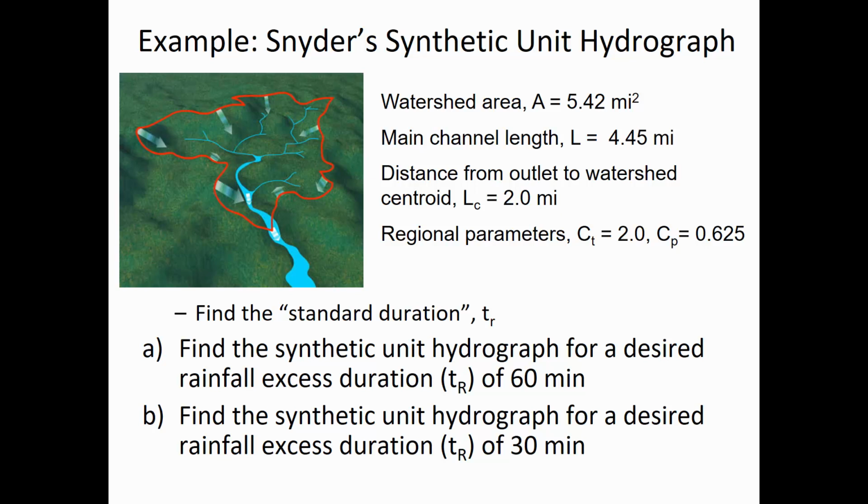So the T sub P that we calculated before was 3.853 hours. 3.853 hours plus 0.25 times 0.5 hours minus 0.70 hours.